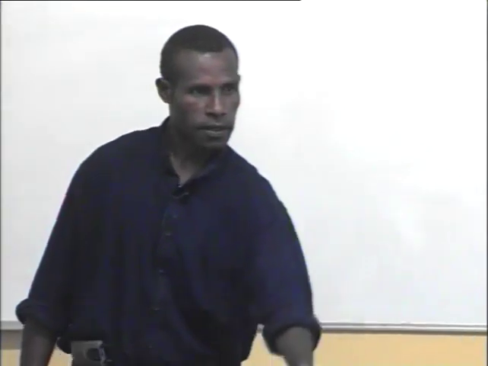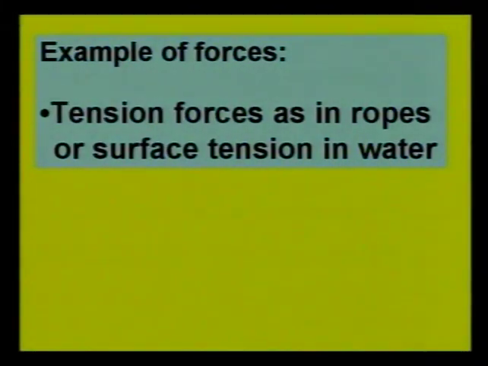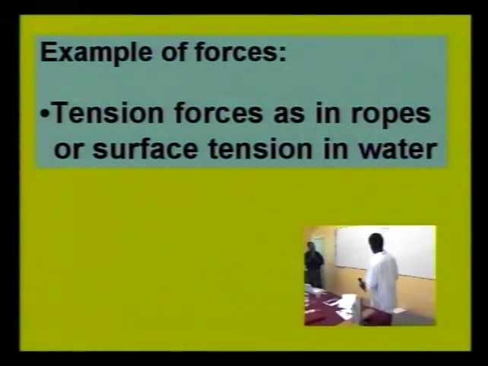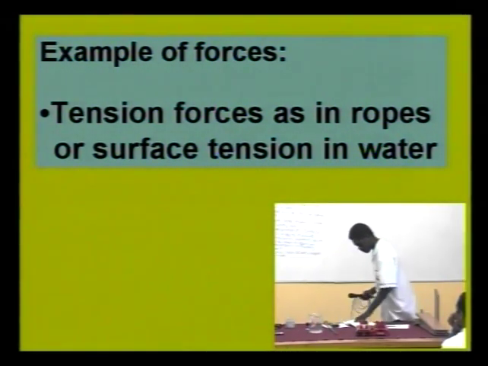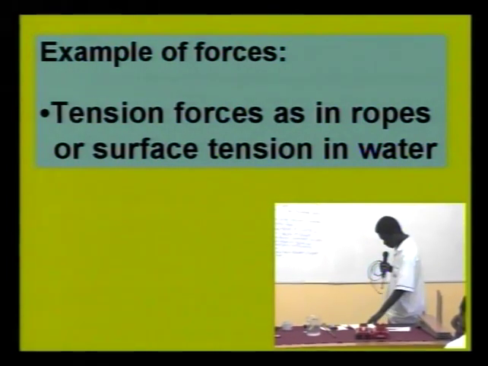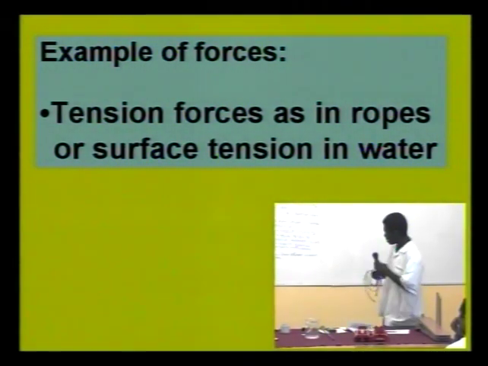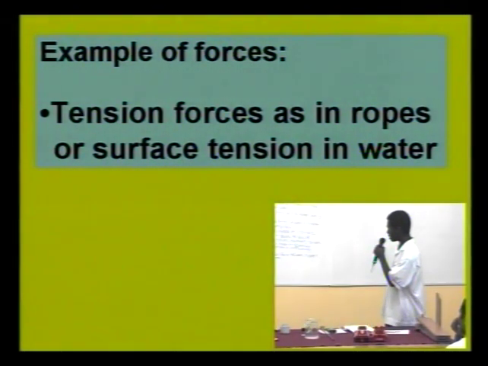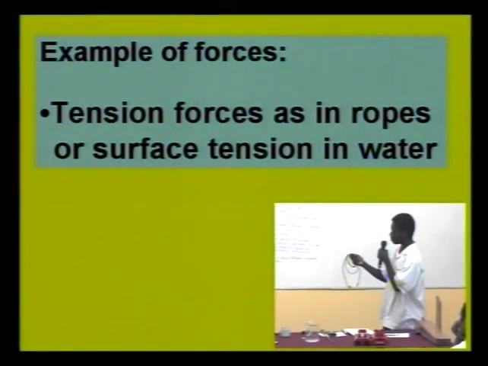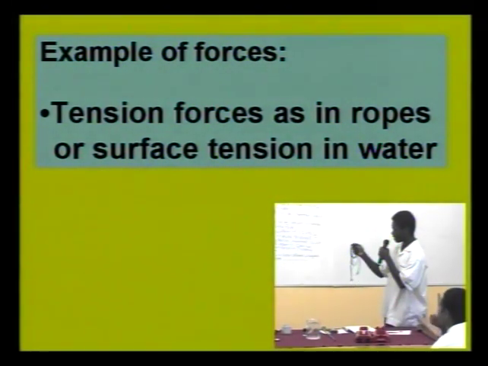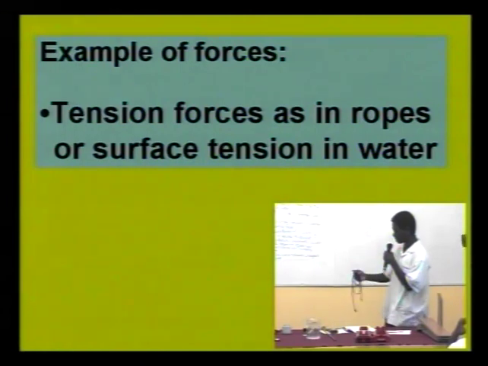Okay, you can use this one. Tension force is a contact force because if I was to pull the ropes apart, there is no field force acting on it, because the forces that are applied to the rope while they are being pulled apart act on the object, not at a distance from the object, as I will show you now.